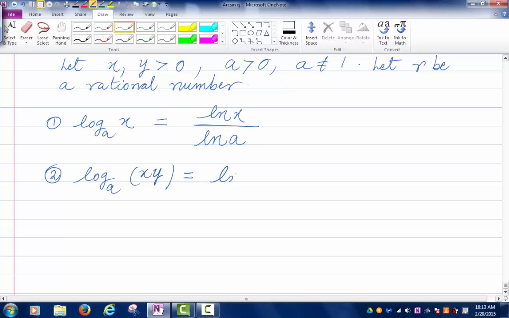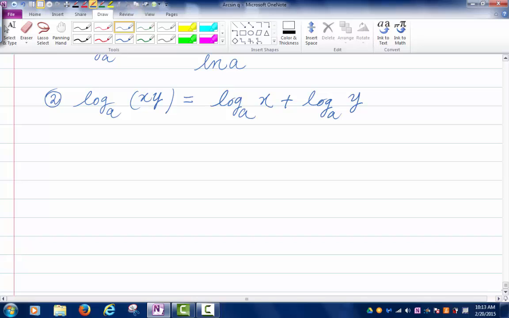It is log base a of x plus log base a of y. Number 3. What is log base a of x divided by y? This is log base a of x minus log base a of y.